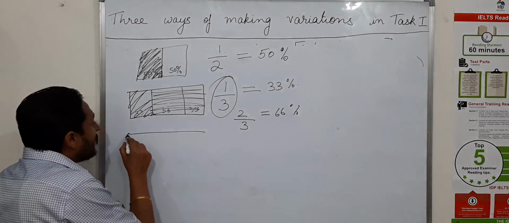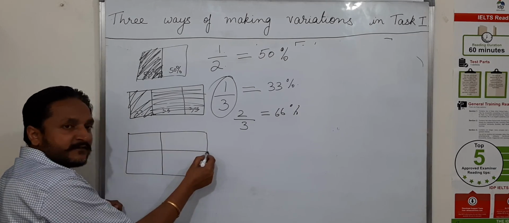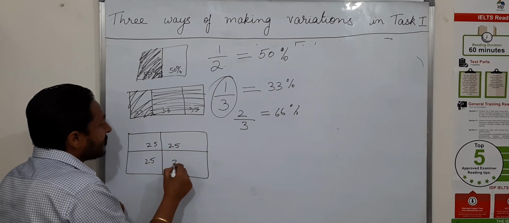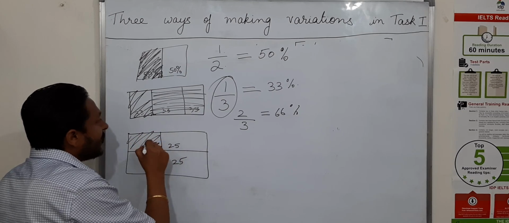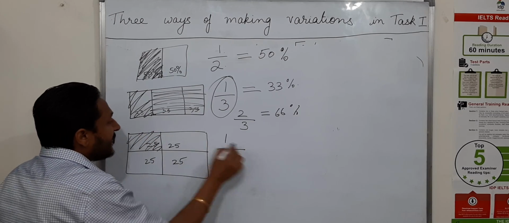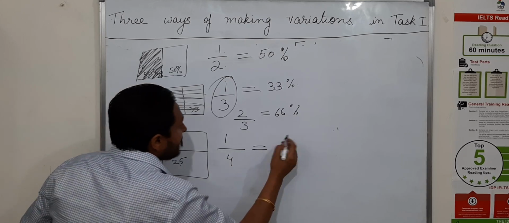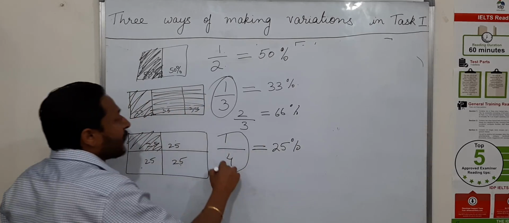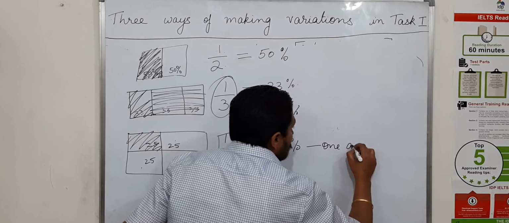If now we divide it into 4 parts, 25% each, how much will this be? It will be 1 by the total number of divisions, that is 4. So whenever you get 25%, you can say 1/4.